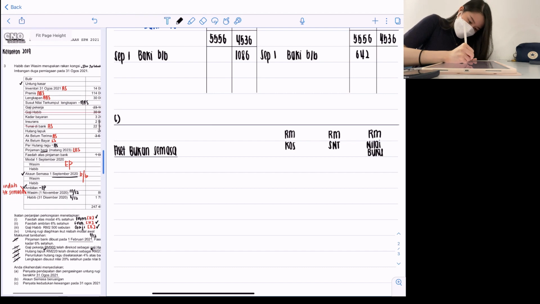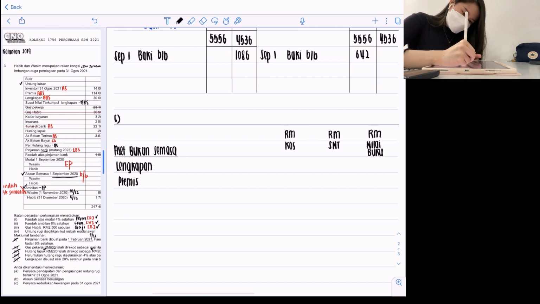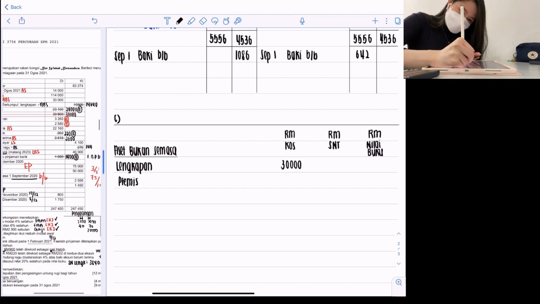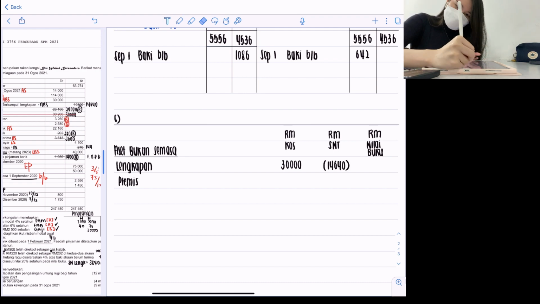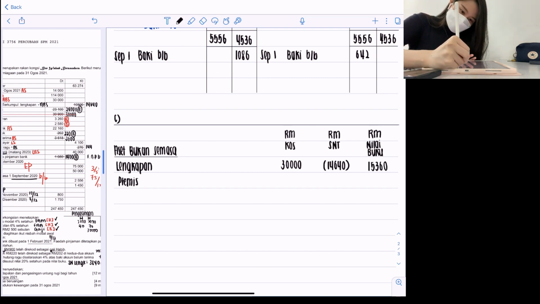So we're going to go ahead and put that first. Only 2 premise. Alright, now lengkapan, 30,000. SNT, 14,640. 15,360. Premise, no changes to it. 114,000.